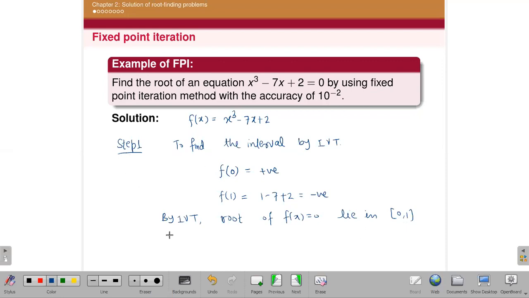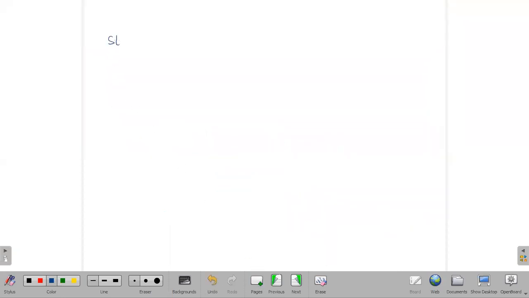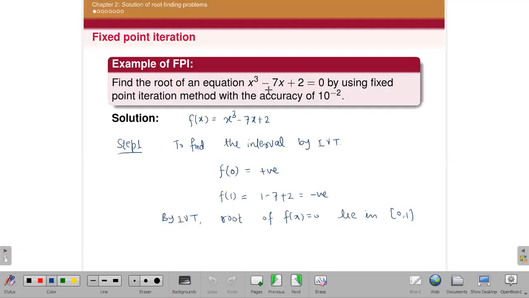So now in the second step, you will find the appropriate fixed point form, that is x is equal to g of x. You have to find g of x equal to x from this equation only.